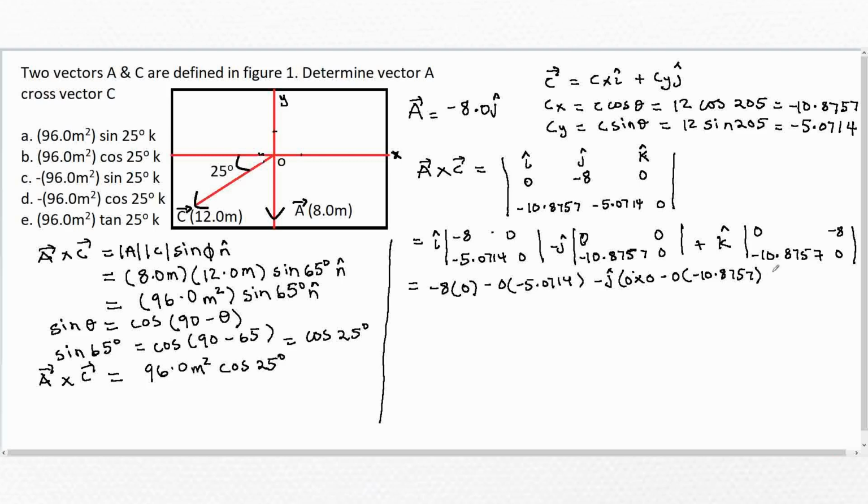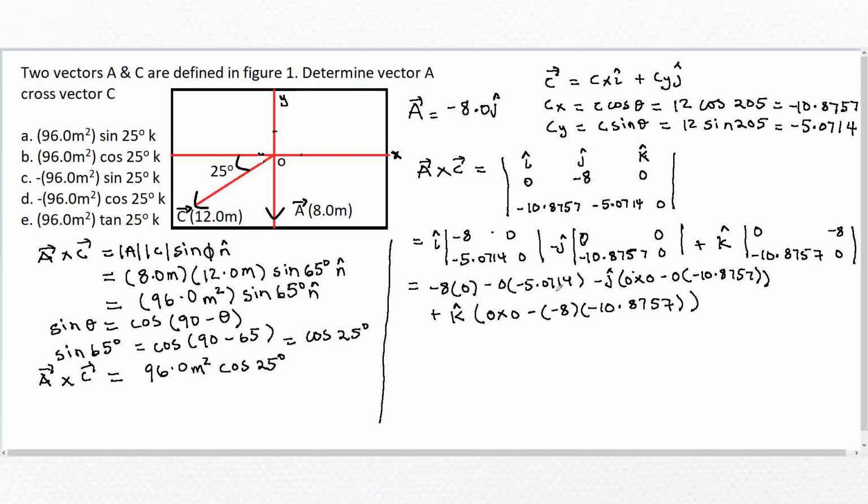Then finally plus k hat times 0 times 0 minus (-8) multiplying -10.8757.